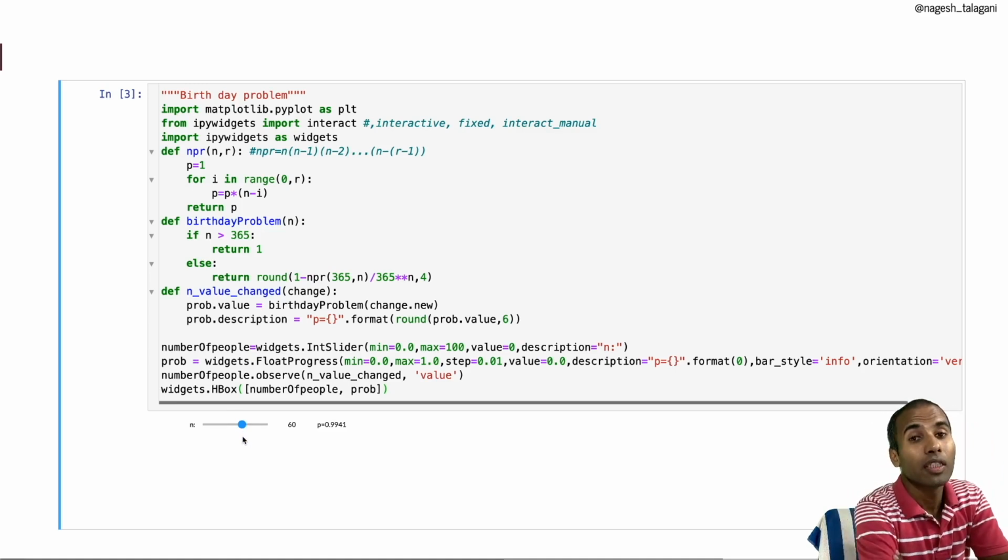That means if there are 60 people in a room, then the probability of at least 2 people having the same birthday is 0.9941, almost certain. In our school project problem, if there are 60 student records, the probability of having a collision will be 0.9941.